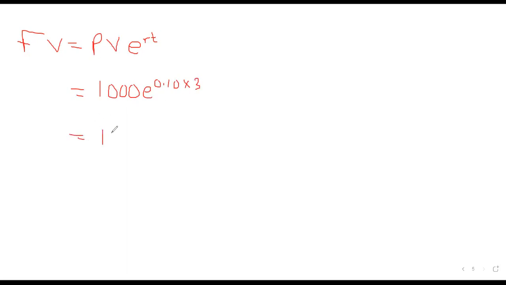Then for continuous, who remembers the formula? For continuous, we're going to have present value times e to the power rt. So 1000, e is found on a calculator. Interest rate is 10%, the time is 3 years, times 3. So this is 1000 times e to the power 0.3.